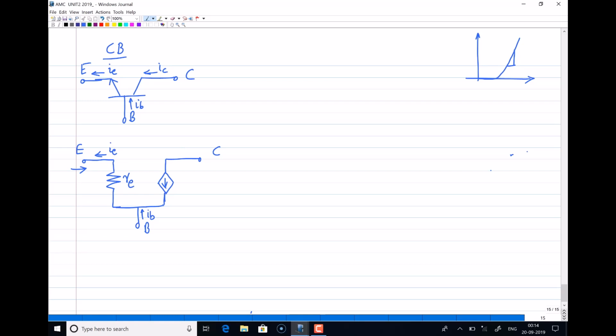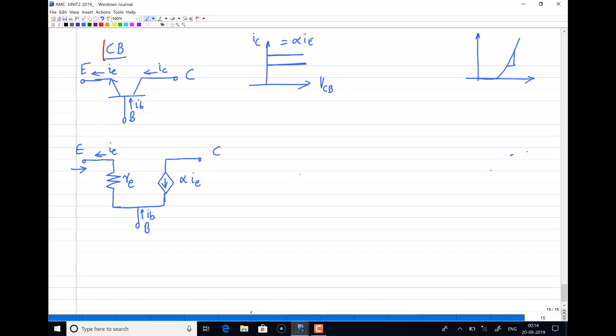If I look at the output characteristics of a BJT in common base mode, IC versus VCB, which we discussed in the previous lecture, you can see IC is almost equal to alpha IE. That means you have a controlled current source. So I'll mark this as alpha into IE. Alpha into IE is the controlled current source. So this is for the common base.